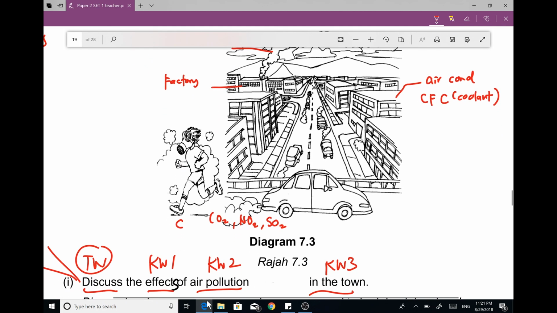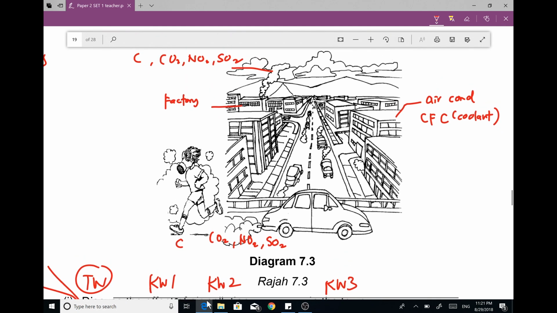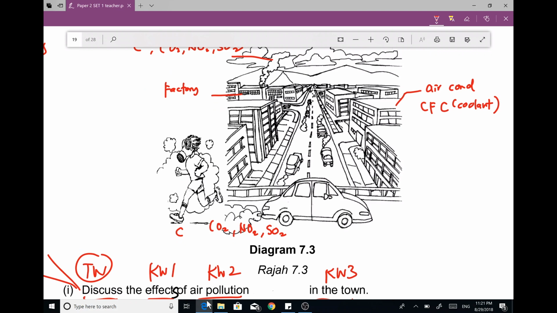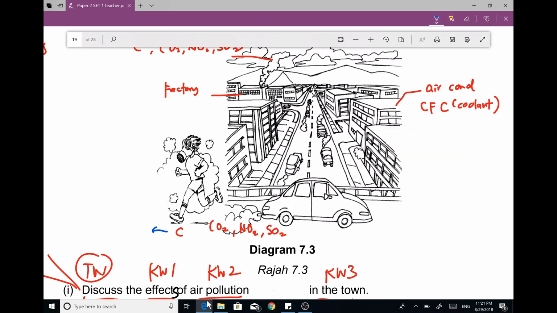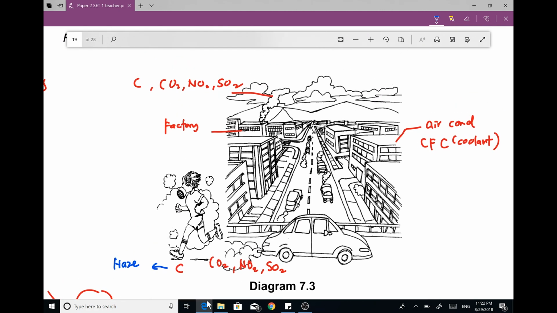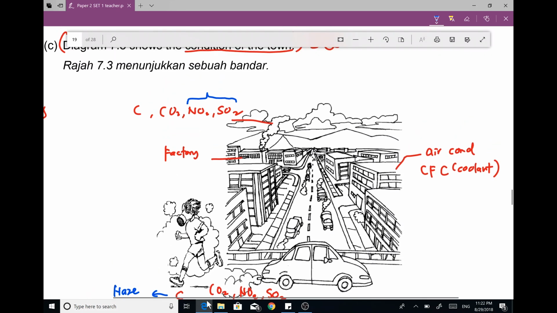And then of course I need to talk about the effects. For example, the carbon particles are going to cause haze. And the NO2 and SO2 are going to cause acid rain. And with acid rain, certainly it will lead to, for example, the corrosion of buildings.